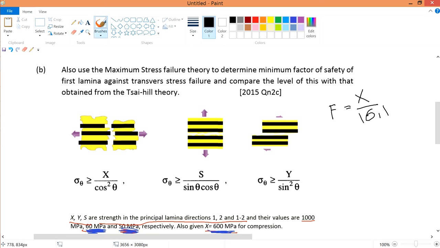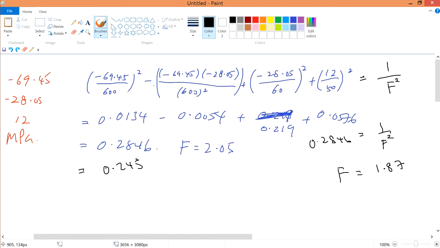But anyway, the question is trying to ask us to use the max stress theory to find our minimum factor of safety. Then we have to compare the value of the factor of safety from the maximum stress theory with the Tsai-Hill theory, which is the one that we've obtained, 1.87.